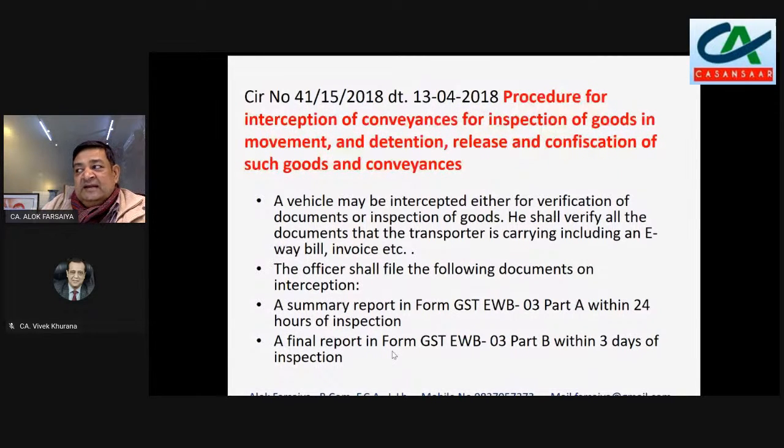The moment they intercept the goods, they need to file a summary report, EWB-03, within 24 hours of the interception of goods. And all these documents are available to the supplier as well as the recipient of the goods on the common portal.